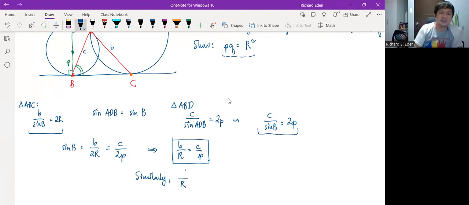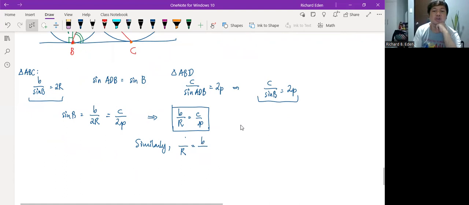Sin C is equal to, C over R is equal to B over Q. Yes. Okay, B over Q and then C over R.